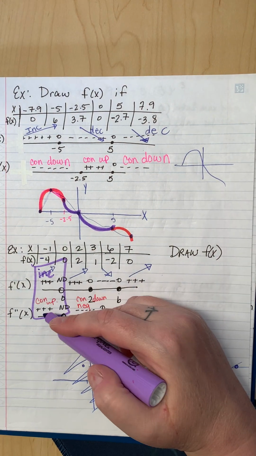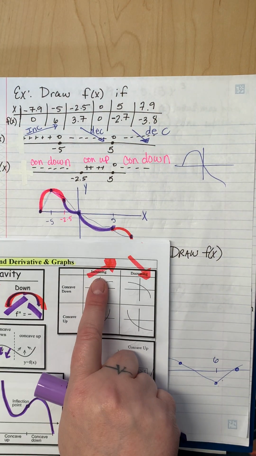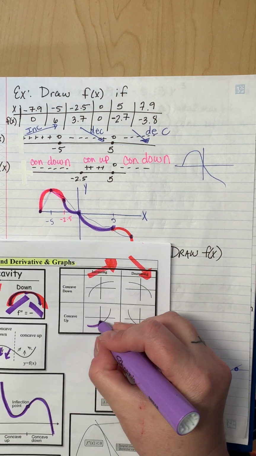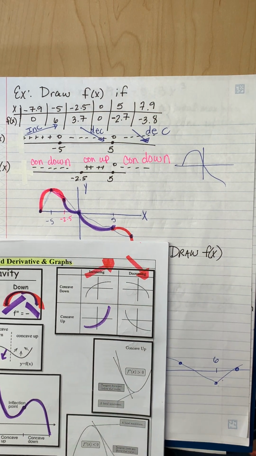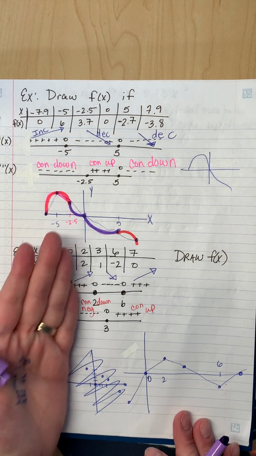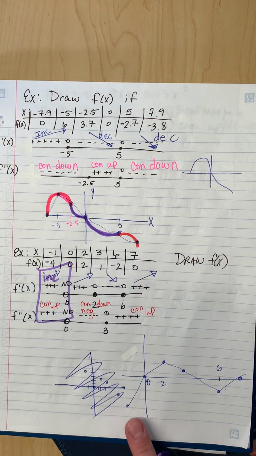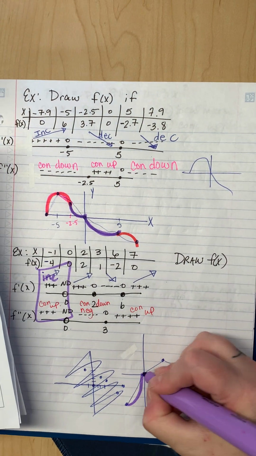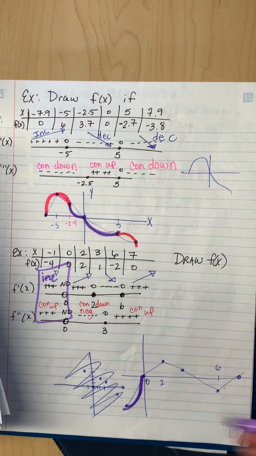So let's look at increasing and concave up. My curve should look like this, all the way up to the x value of 0. So I'm going to make these two little dots look like this little curve. There we go.